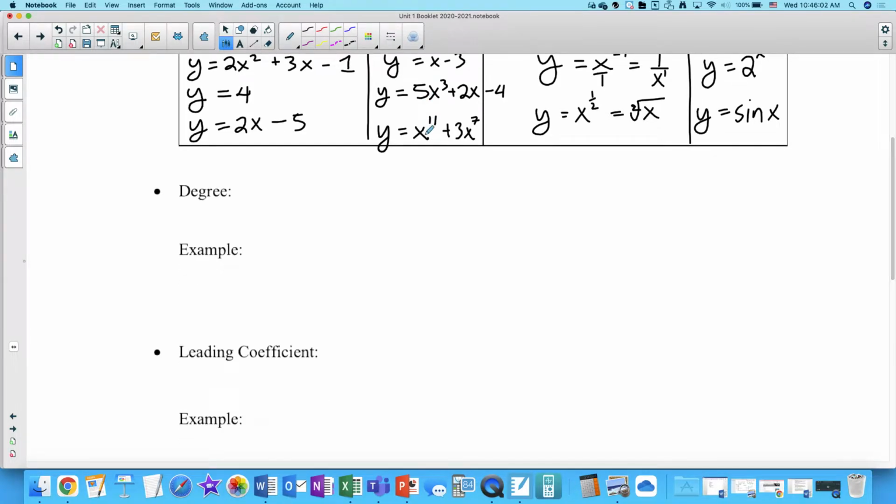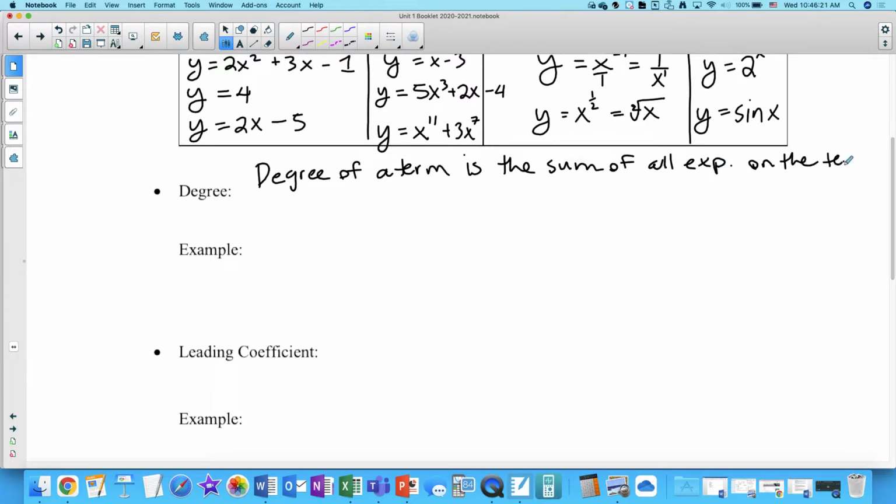So the degree of a term is the sum of all of the exponents on that term. Okay?